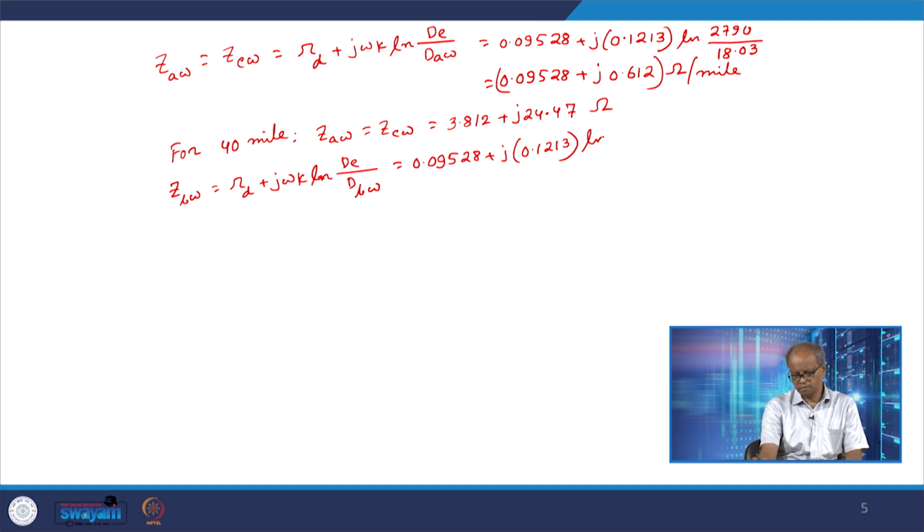So it will come out to be 0.09528 plus j 0.634.